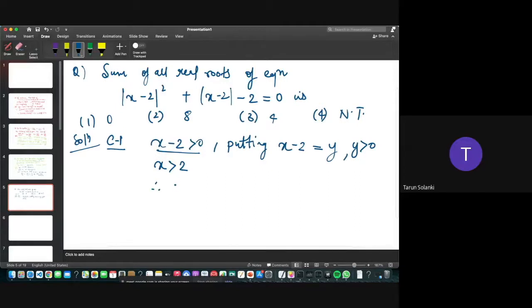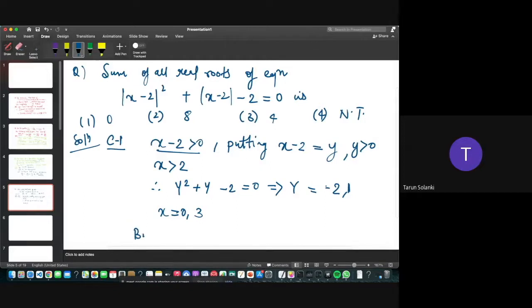So it will become y square plus y minus 2 is equals to 0. So for y we will have two roots, minus 2 and the other one is 1. Okay. So what will be the roots for x? So if you put the y values here, we will get x as 0 and 3, right?